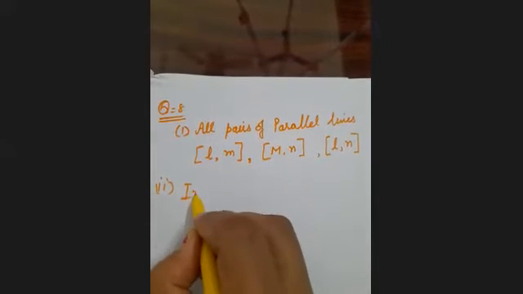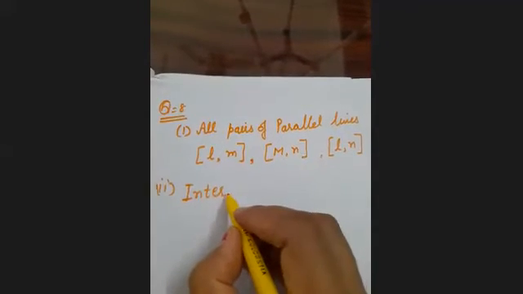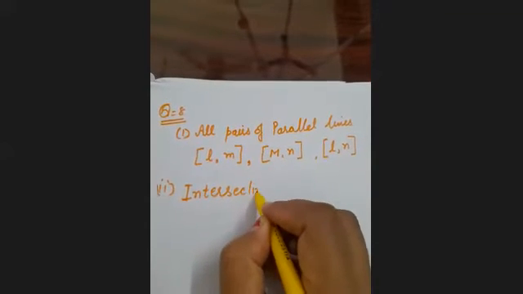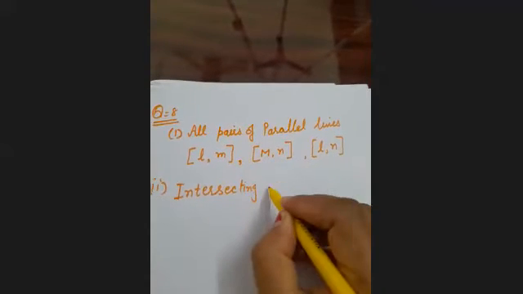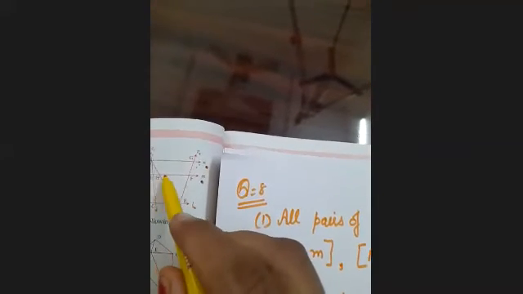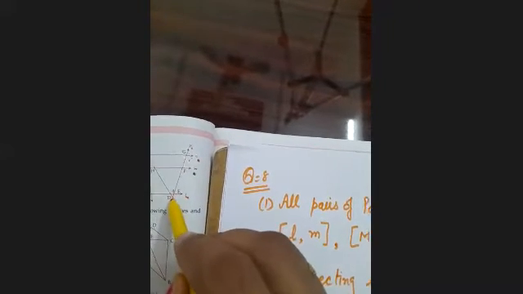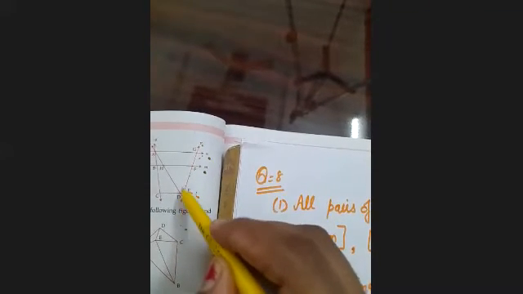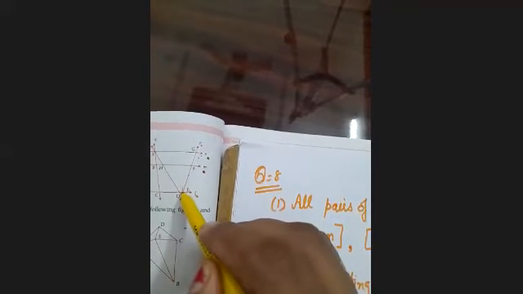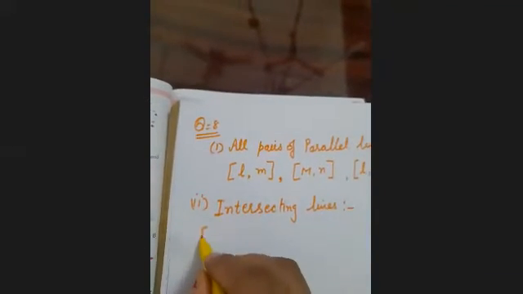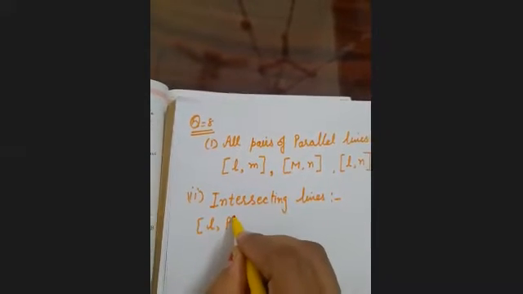Intersecting lines. Now in this figure we have 9 intersecting pairs. First is line L and line P, intersecting at a point.